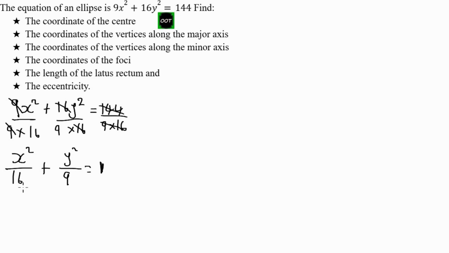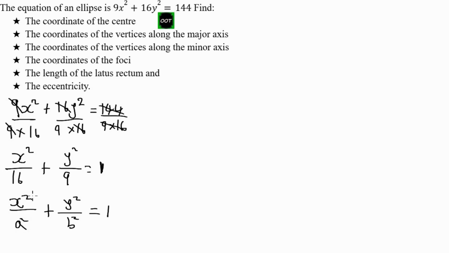Now remember, the equation is of the form x squared divided by a squared plus y squared divided by b squared equals 1. Before we interpret, let's look at the highest denominator. You can see 16 is the highest, so that will be the value of a squared, and b squared is 9, which is less than 16. So let me take a squared and set it equal to 16.